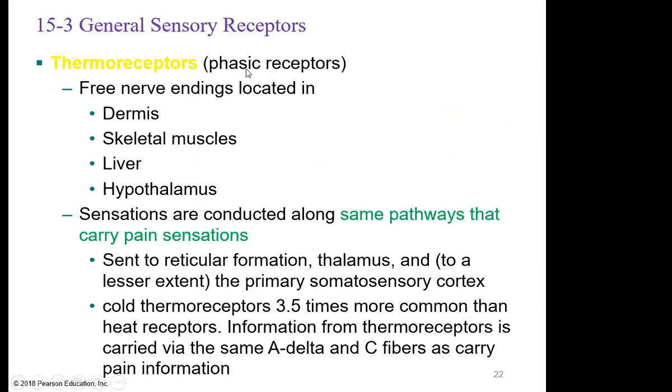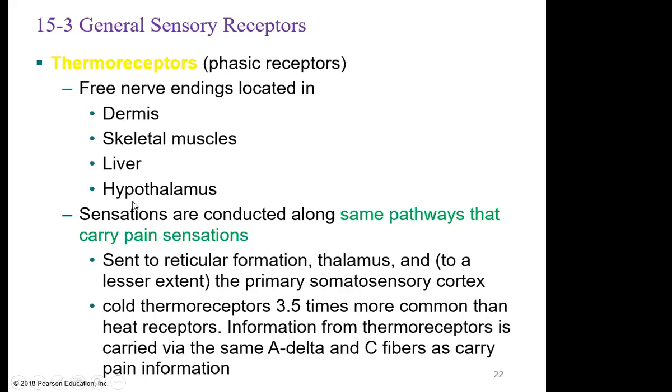All right, thermoreceptors. Phasic receptors, so they will adapt. That's why whenever you go outside and you are in the cold, you walked in here in the building and you may have been like, oh my gosh, it's so hot in here, but eventually your body kind of got used to it. Okay, so they are quickly adapting. Free nerve endings as well for the thermoreceptors.